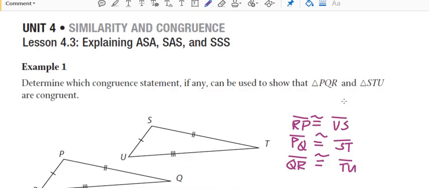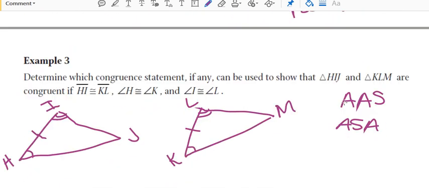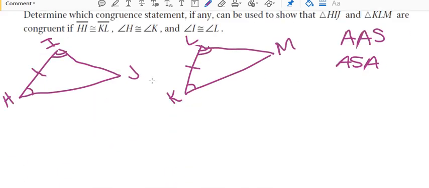So let's go back down to our example here, and we can see that our angles are corresponding, they're congruent, and we do have that included side length between HI and KL. So because it is that included side length here, this is angle, side, angle.